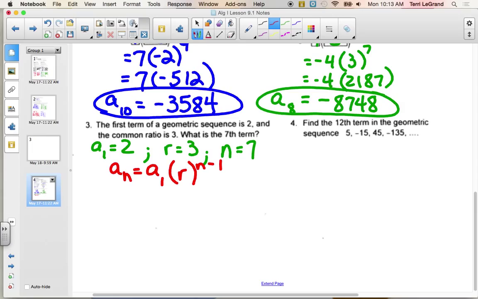So we are looking for the 7th term, so a sub 7. We know that a sub 1 is 2, our first term. We know that r is 3.